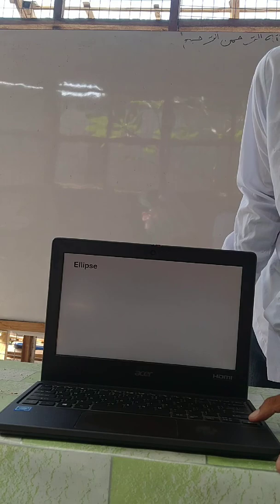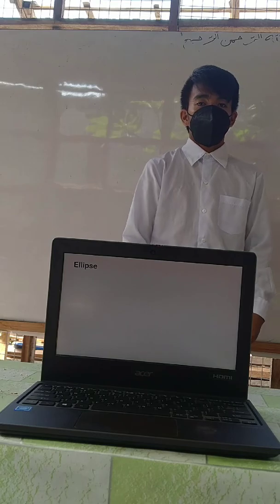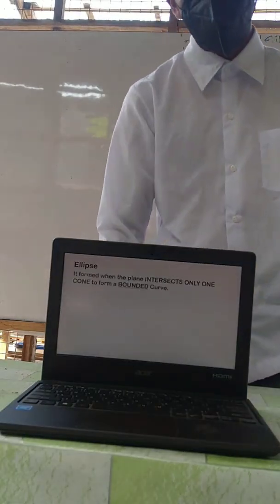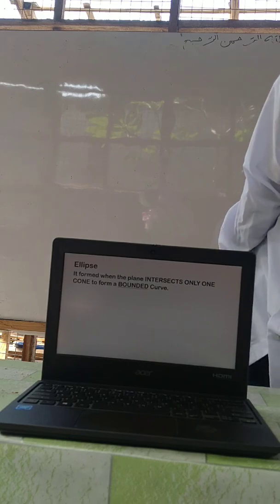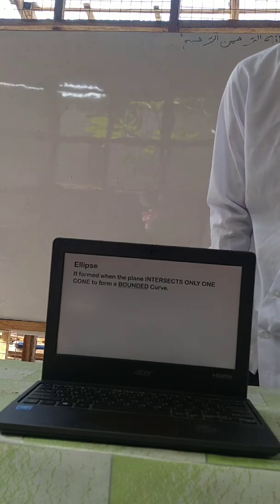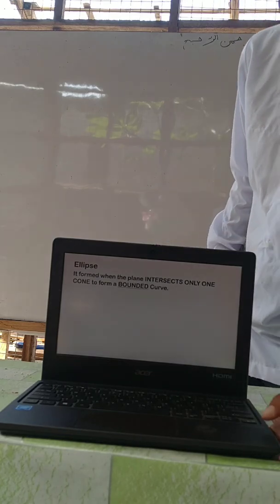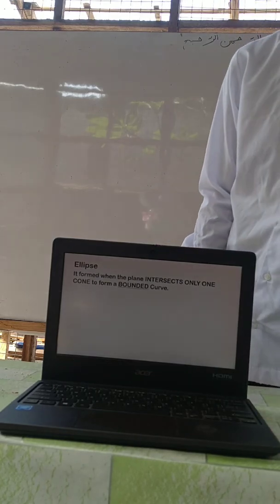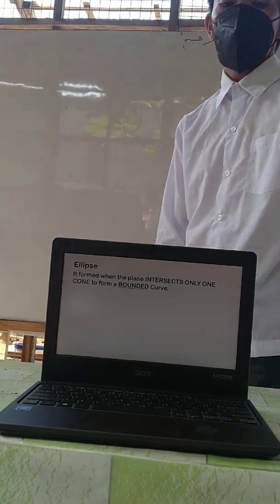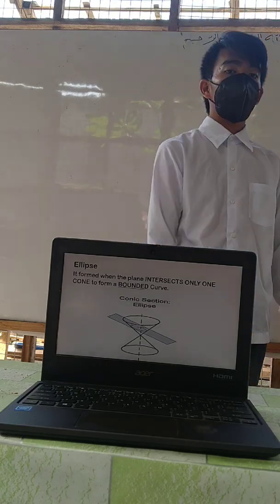Then the second type of conic section is ellipse. What is ellipse? Ellipse is formed when the plane intersects one and only one cone and forms a bounded curve. This is the illustration of ellipse.